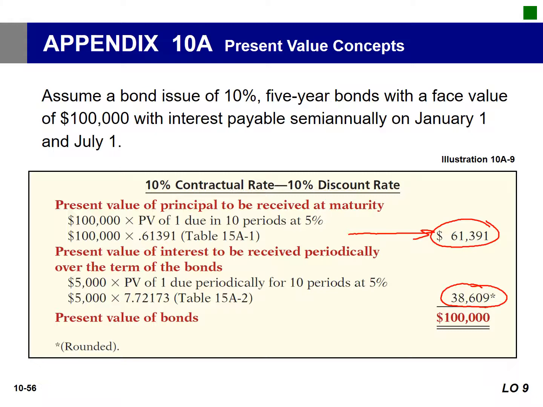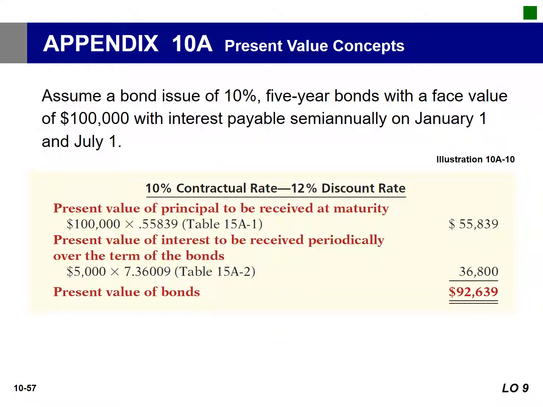We would calculate the present value of the interest payments using that present value of an annuity of one table. So again, this proves that when we issue our bonds when the contractual interest rate is equal to the market interest rate, then we're issuing these at face value.